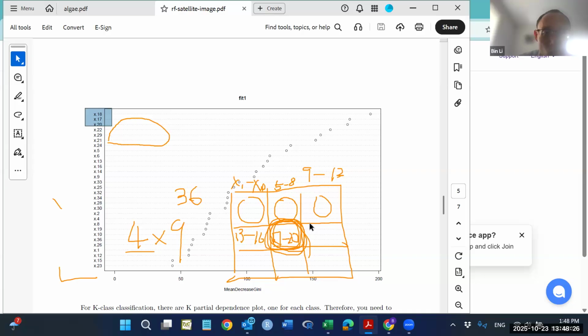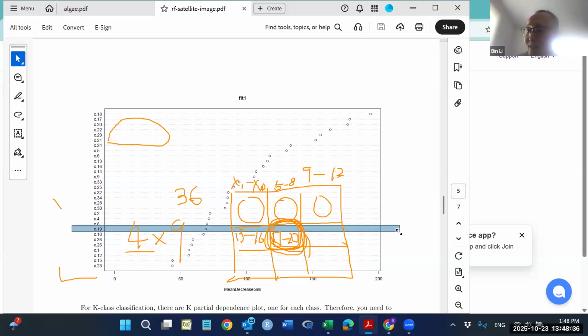And you may ask, why x19 doesn't appear here? X19 is quite low here. So that probably indicates that for this spectrum, so we have 4 spectrum bands, right? Probably the X19 spectrum band is not that important or not that useful to identify the class status.